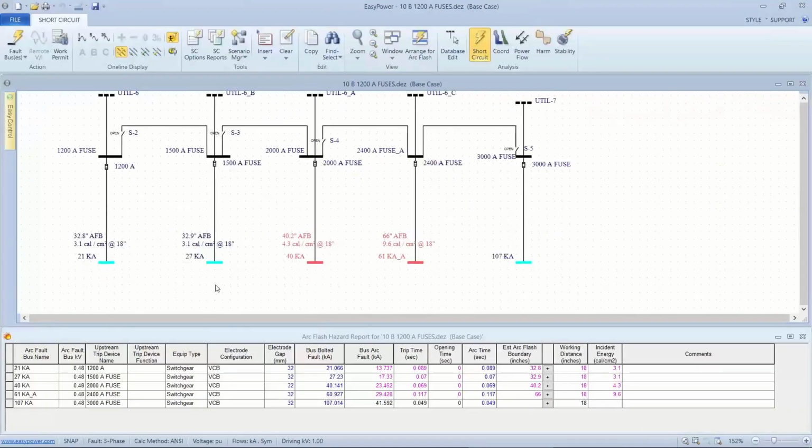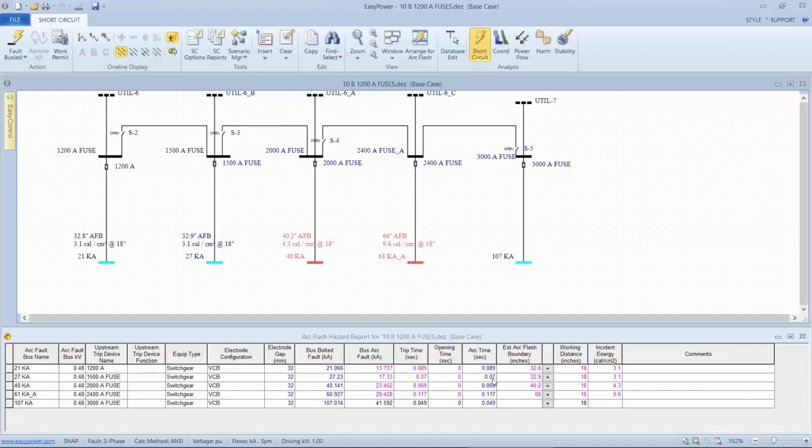We see that we have a selection between 1200 and 3000 amps. The arcing current has been calculated, and the trip time, the fact that it's in magenta type, means that the reduced arcing current is being utilized for calculating incident energy. And so the trip time for each of these devices, the 1200 amp is tripping at 89 milliseconds.